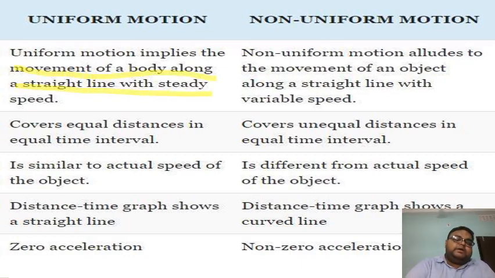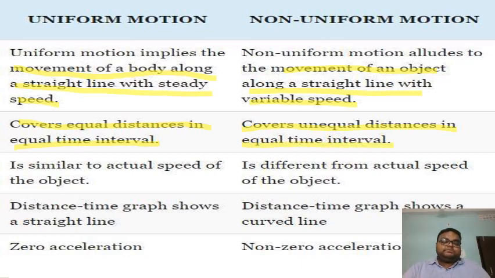But non-uniform motion means that the object moves in a straight line with variable speed. Okay, students? In the case of uniform motion, the body covers equal distance in equal time intervals. But in the case of non-uniform motion, the body covers unequal distance in equal time intervals.